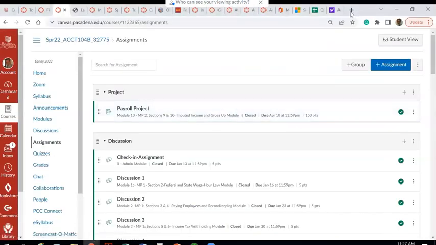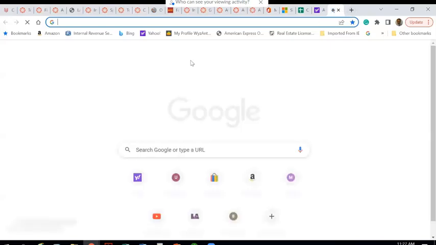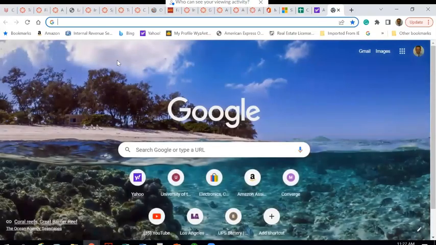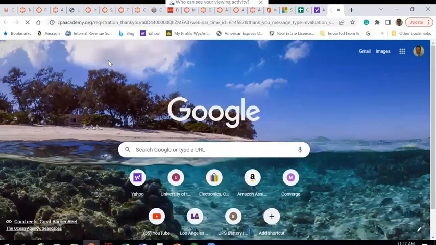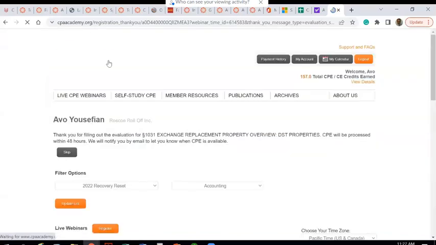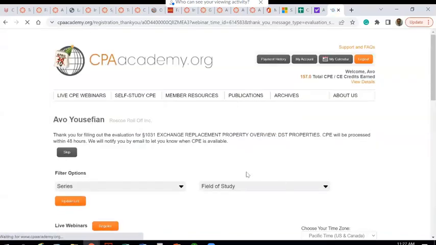And in order to get the continued education later on, if you become a designated bookkeeper, certified bookkeeper, I suggest this, which is easy, informative, and free. So open an account with cpaacademy.org. You see, this is my account, and I have all my CPE credits, continued education credits, in here.